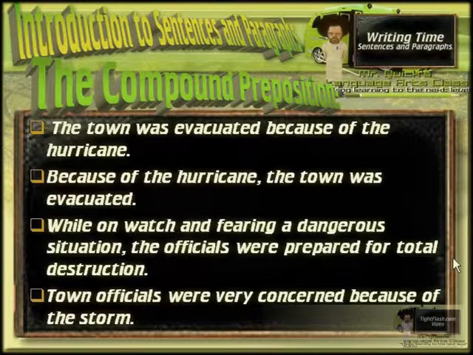Okay, let's take this first sentence. The town was evacuated because of the hurricane. Now we know, looking at that chart, because falls under the reason, when you want to tell the reason of something. Now, if you use this word as a subordinating conjunction, then what comes after it must contain a subject-verb relationship.